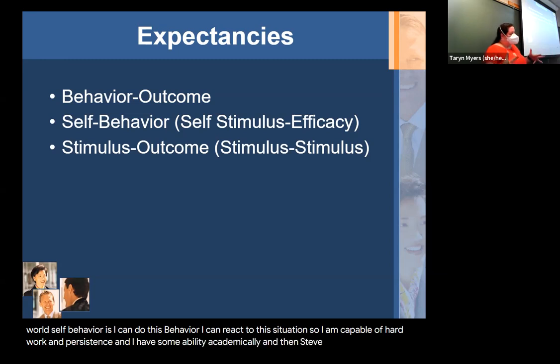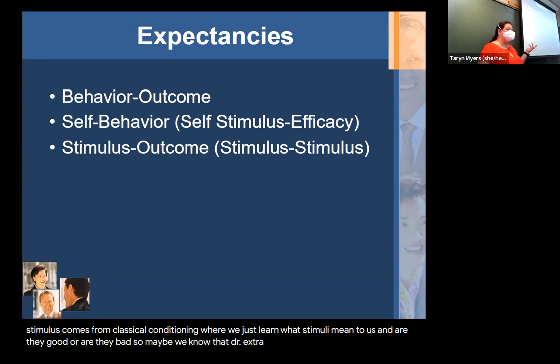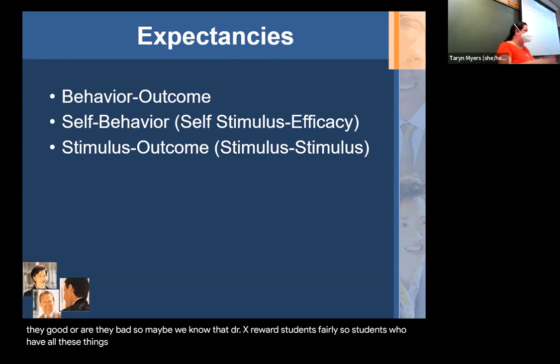And then stimulus outcome comes from classical conditioning, where we just learn what stimuli mean to us. And are they good or are they bad? So maybe we know that Dr. X rewards students fairly. So students who have all these things tend to get an A in their class. Maybe there's another professor, Dr. Y, and their expectations are unreasonable, right?